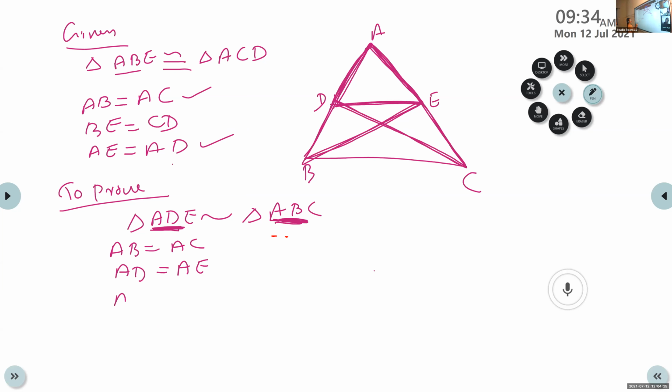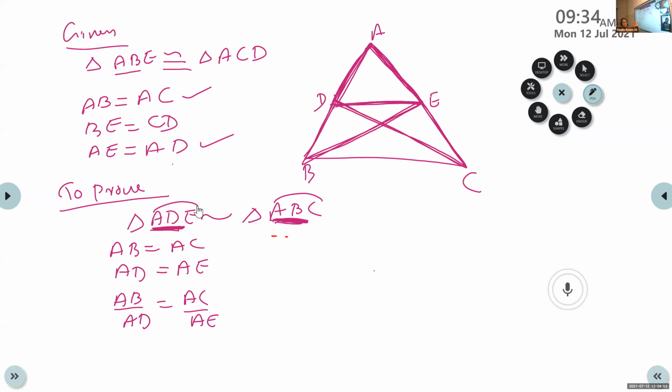Now, AB by AD will be equal to AC by AE. Just divide. Okay, children? See, AB by AD equal to AC by AE.